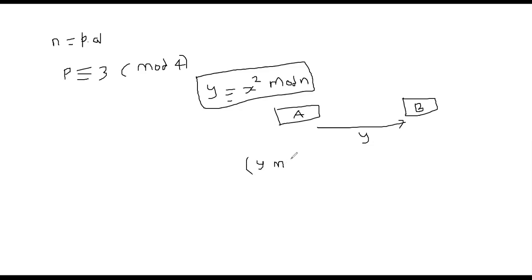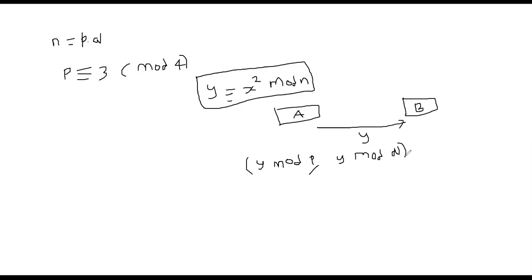He's going to take his incoming y from Alice and put it first into mod p and then mod q, and he will use the Chinese remainder theorem to then find the square roots of y in mod n. We have explained in the previous segment how to compute the square root of a number in mod p and mod q. That's the idea that Bob is going to apply.